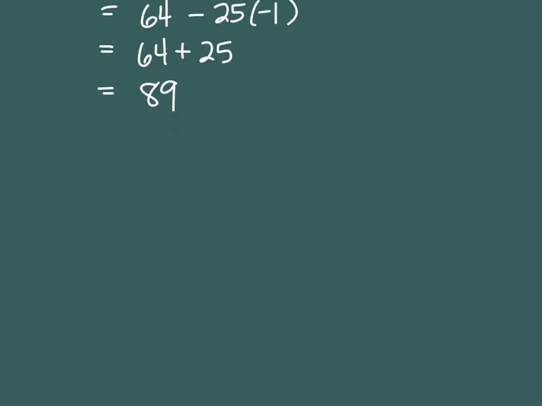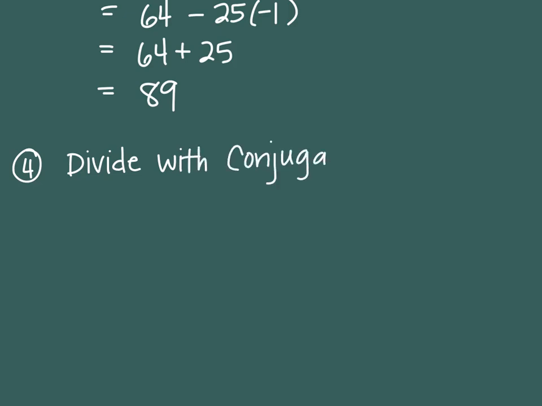Then that leads us to division. Division is always with a conjugate also. So when you divide, imaginary numbers look like this. 8 plus 5i divided by, so it's going to look like a fraction, let's say 5 plus 4i.